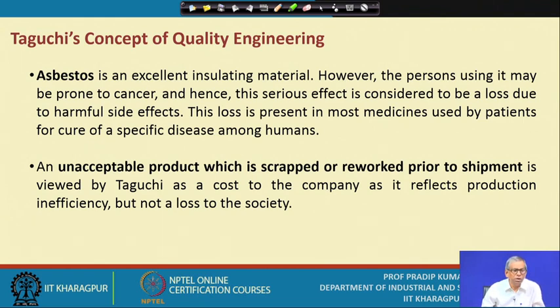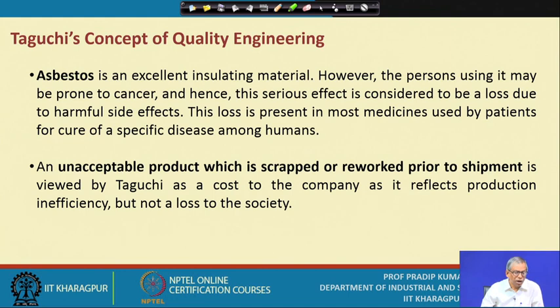This is a serious concern. That means for a particular treatment, definitely medicine you can use, but always there may be harmful side effects. So this harmful side effect is referred to as loss. And if you can reduce this harmful side effect, we say that the quality of the product has increased.